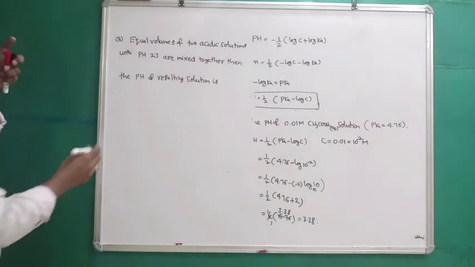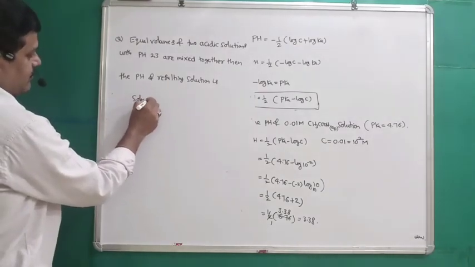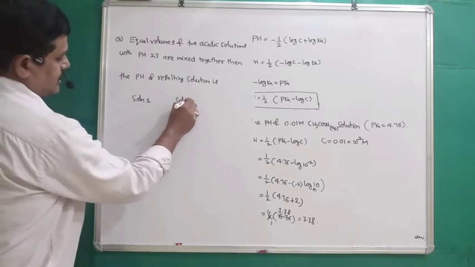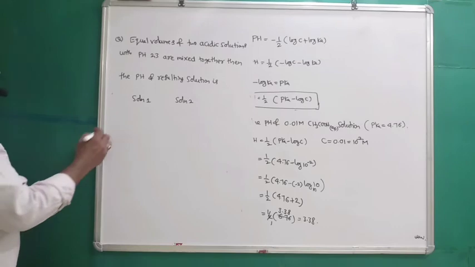Right. Students, pH for two solutions are given, solution 1 and solution 2, and these are mixed together in equal volumes.